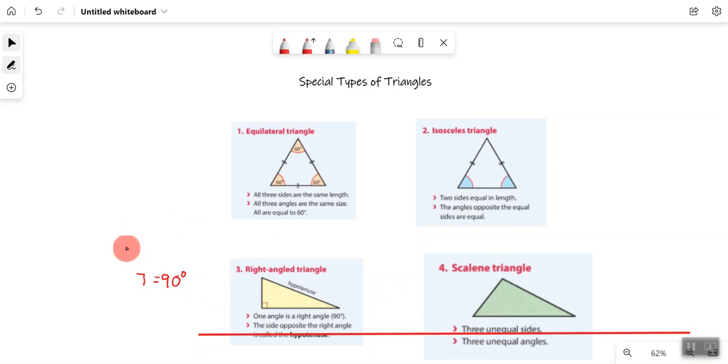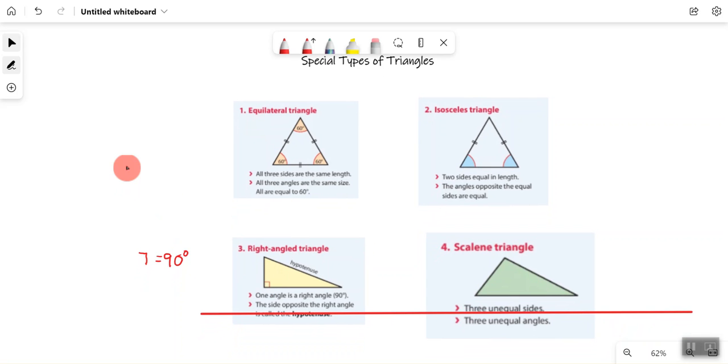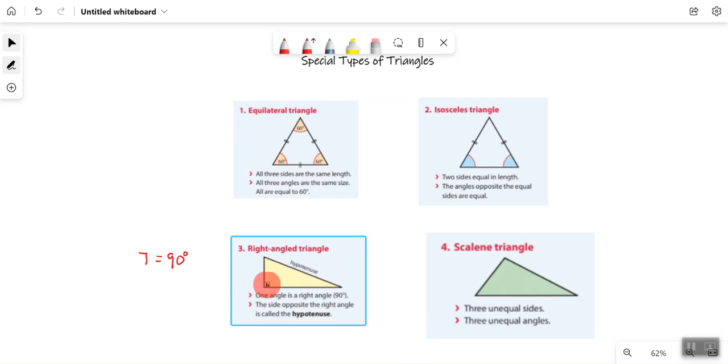So this symbol here means that the angle is 90 degrees. That's this angle here. So one angle in a right angle triangle will be 90 degrees.